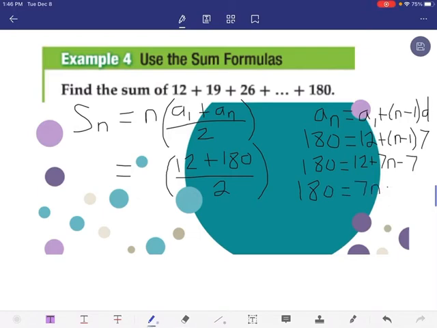We have 12 minus 7 gives us 5. We're going to subtract 5, divide by 7, and we get that n is 25. So we know that 180 is the 25th term, so we are wanting to add together the first 25 terms.